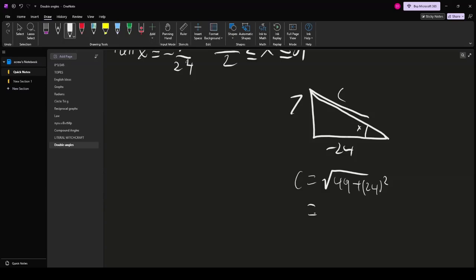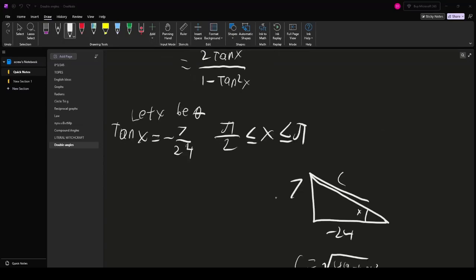A negative number squared is the same thing as the positive number squared, so it doesn't really matter. Punch that into your calculator. We get C equals 25.